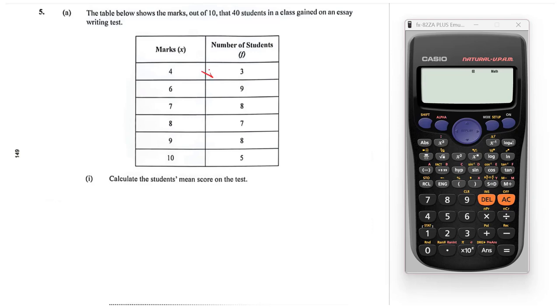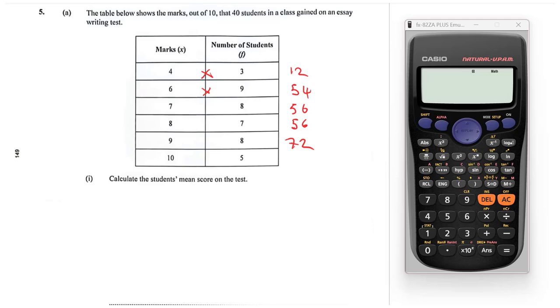So we're going to take the product. 4 times 3 is 12. 6 times 9 is 54. 7 times 8 is 56. And 8 times 7 is 56 again. And 9 times 8 is 72.